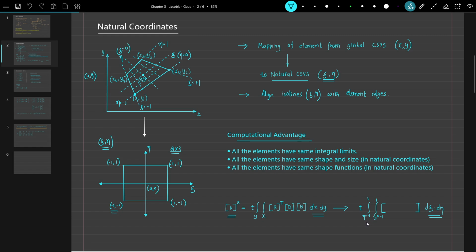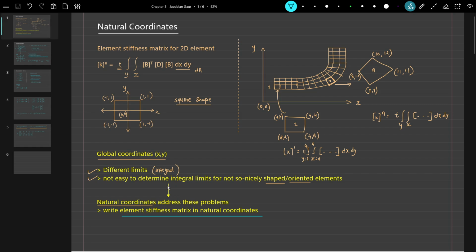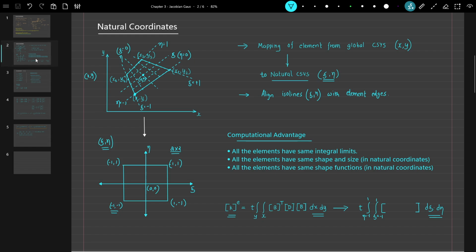Okay. So this is now very easy, because we had an issue of determining the integral limits for not so nicely oriented elements. Okay. So now what are the computational advantages by using natural coordinates?